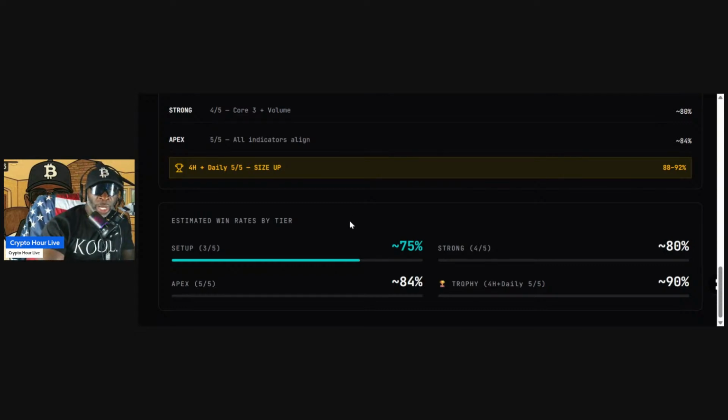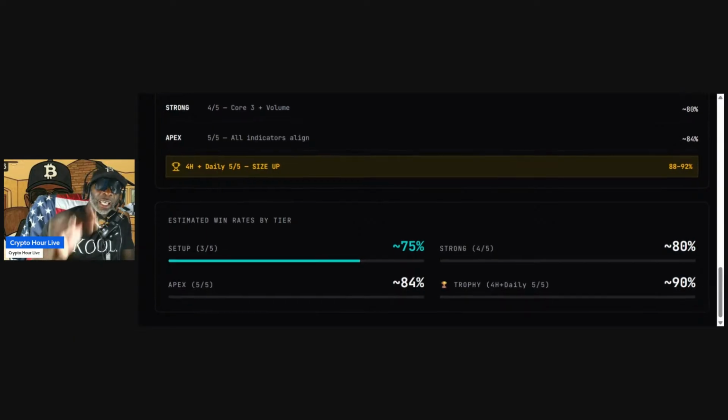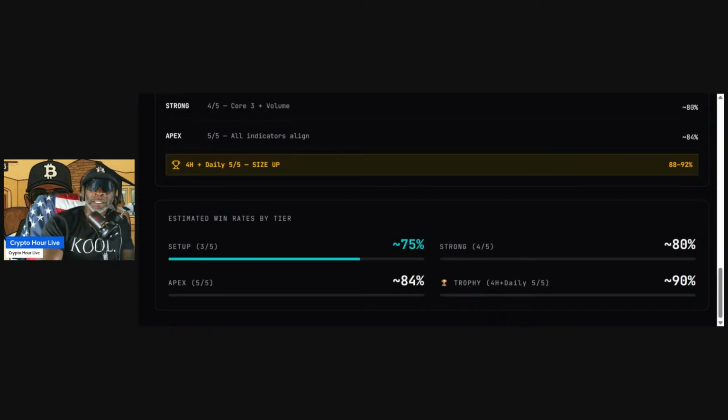So what I did was I had the AI show me the win rates if three signals flash, or four, or all five of them flash. If three signals flash, there's a 75% win rate. If four signals flash, there's an 80% win rate.